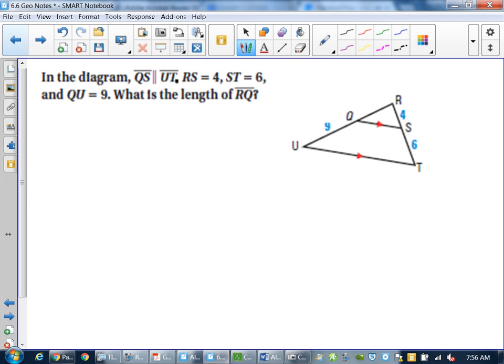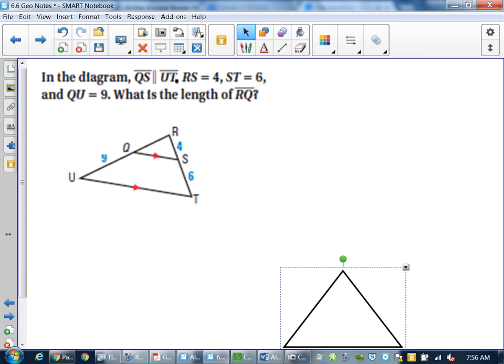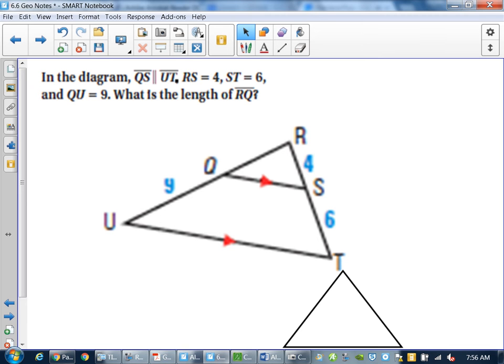Actually, we'll show you an example real quick. Notice you are missing a side length within that triangle. Notice you have a part that's parallel, the QS is parallel to UT.